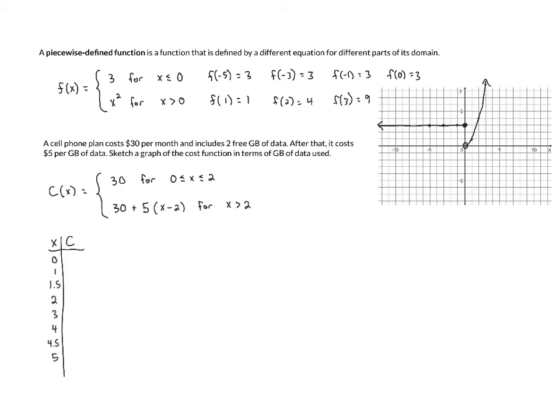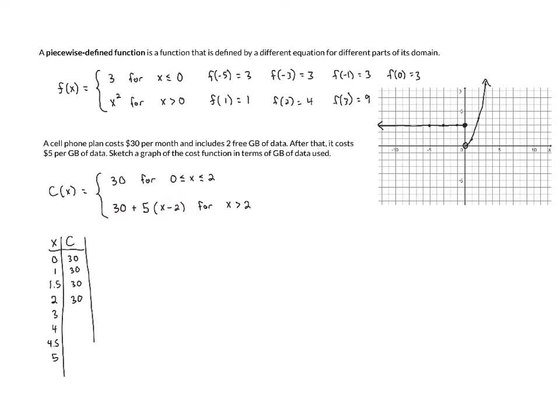Now, we know that if x is between 0 and 2, the total cost is $30. So for each of these in the beginning, the total cost will be $30, regardless of how much data we use, up to 2 gigs. But then after that, this is where we're starting to pay for more data, and this is where we have to plug in our values of x to this expression.